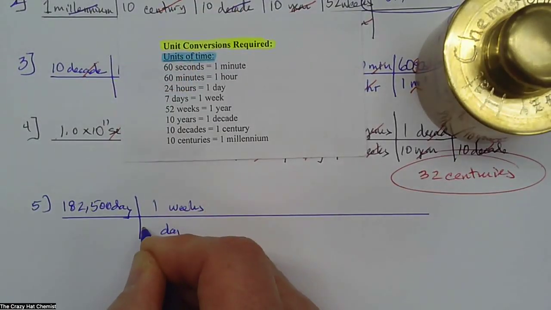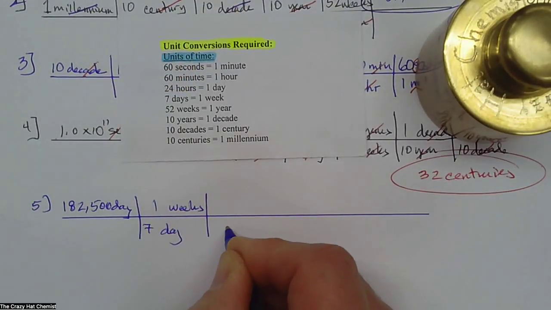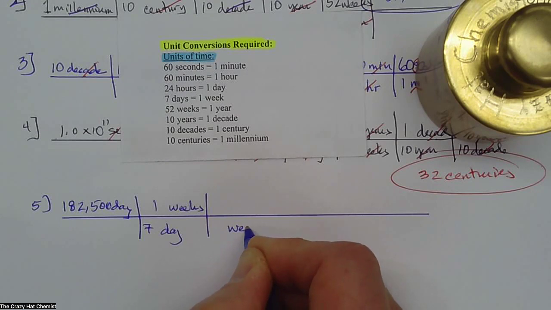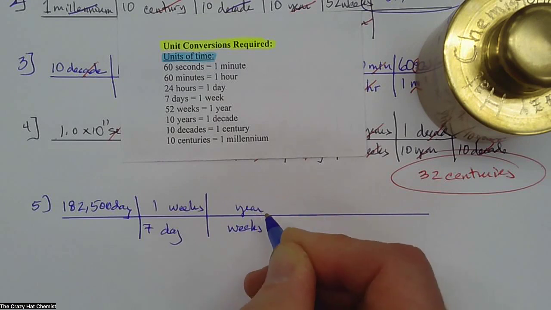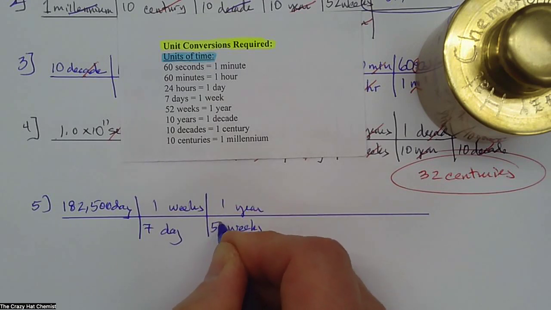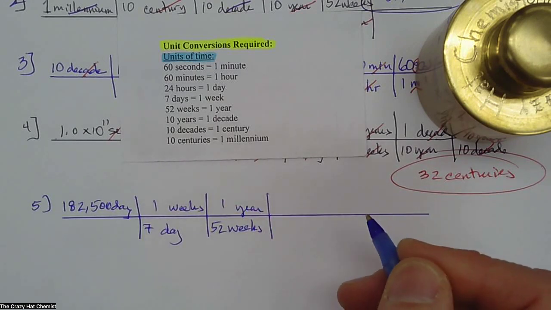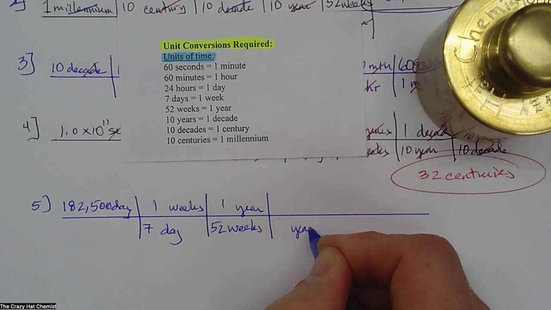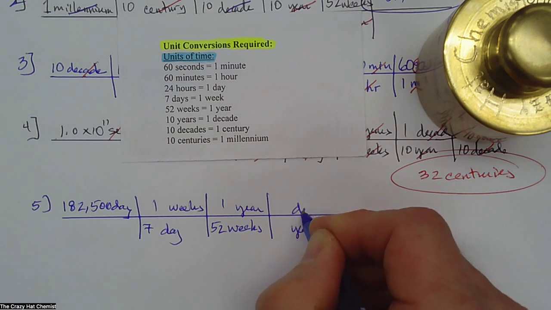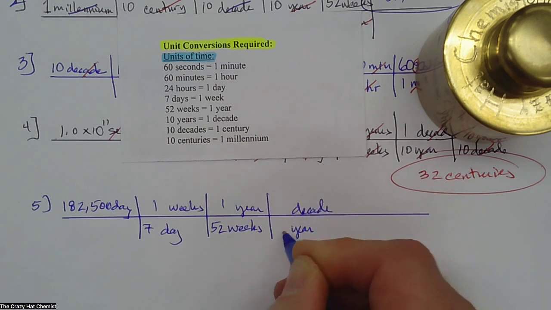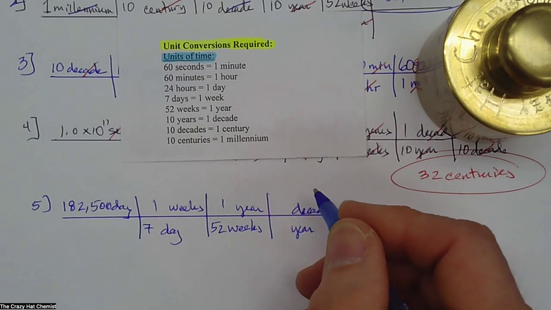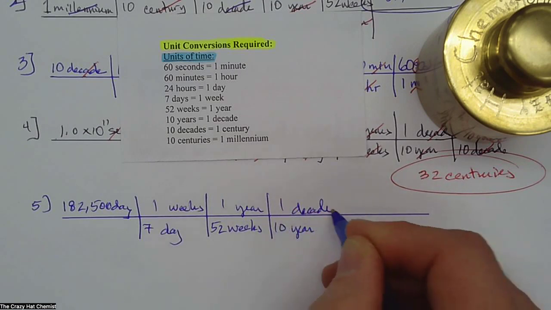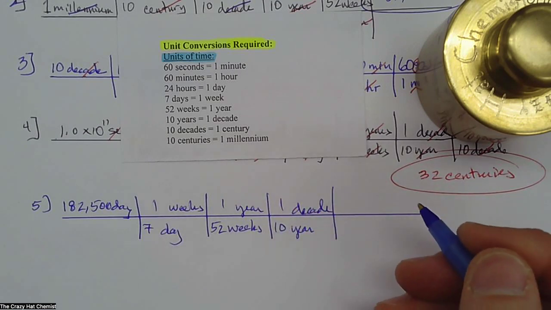So 1 week has 7 days, and then weeks to a year. And for every 1 year, there's 52 weeks. And then from years, I'm going to go to decade. And then for every 1 decade, there are 10 years. And then decade and century.